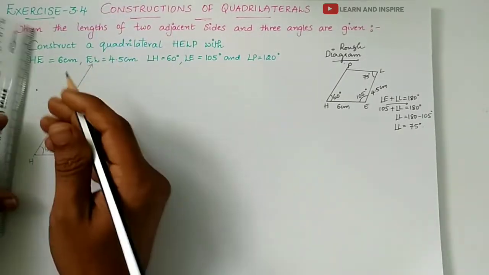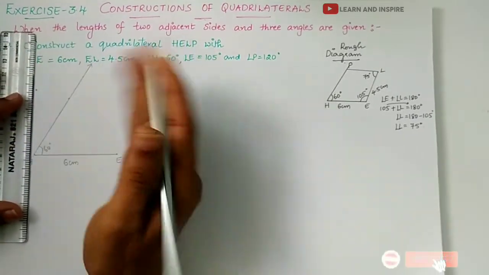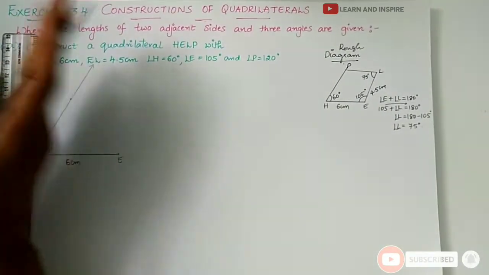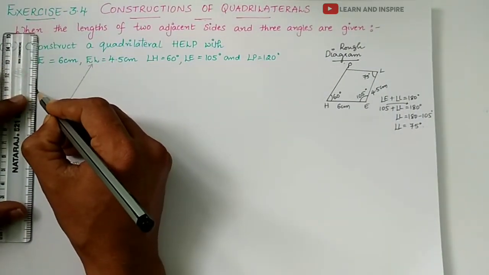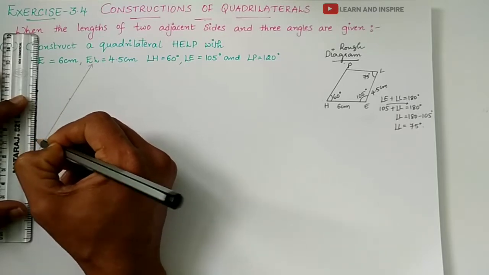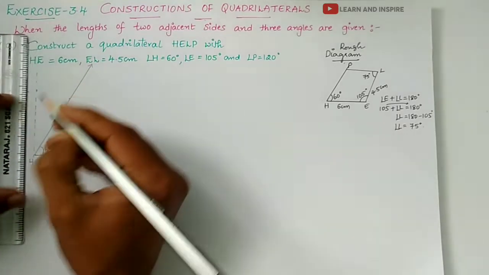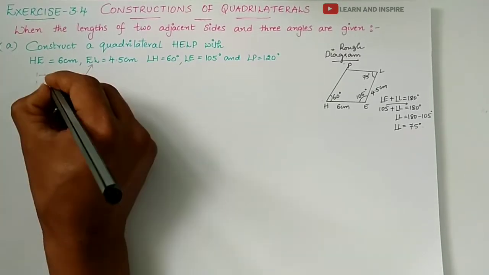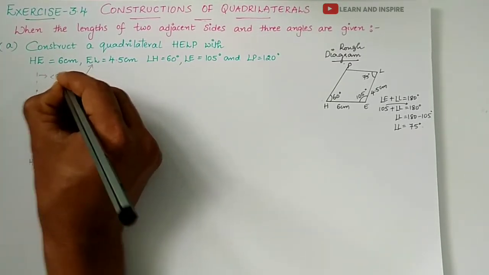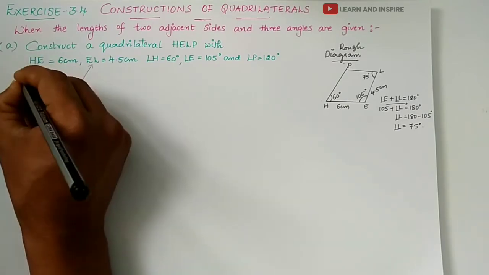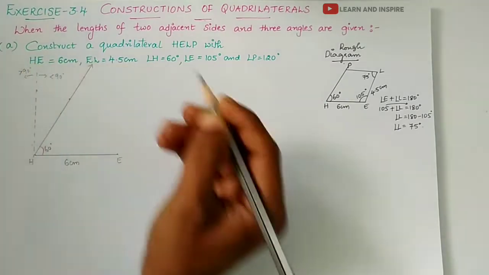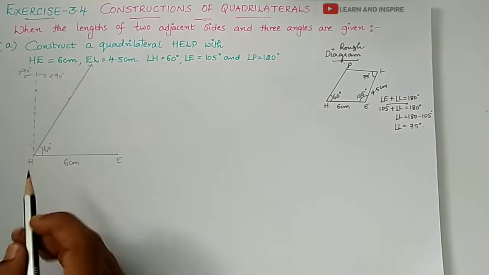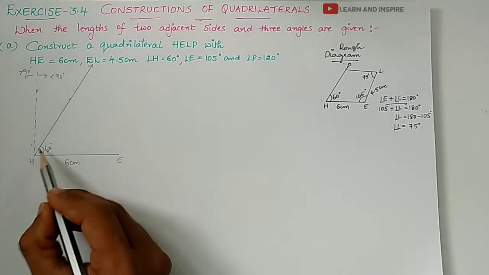Then we can understand whether 60 degrees comes towards the left side or the right side. This is the right side and the other side is the left side. So this is 90, the right side is less than 90 degrees and the left side is greater than 90. Now 60 degrees is less than 90, so we have to move towards the right side, and this is 60 degrees.